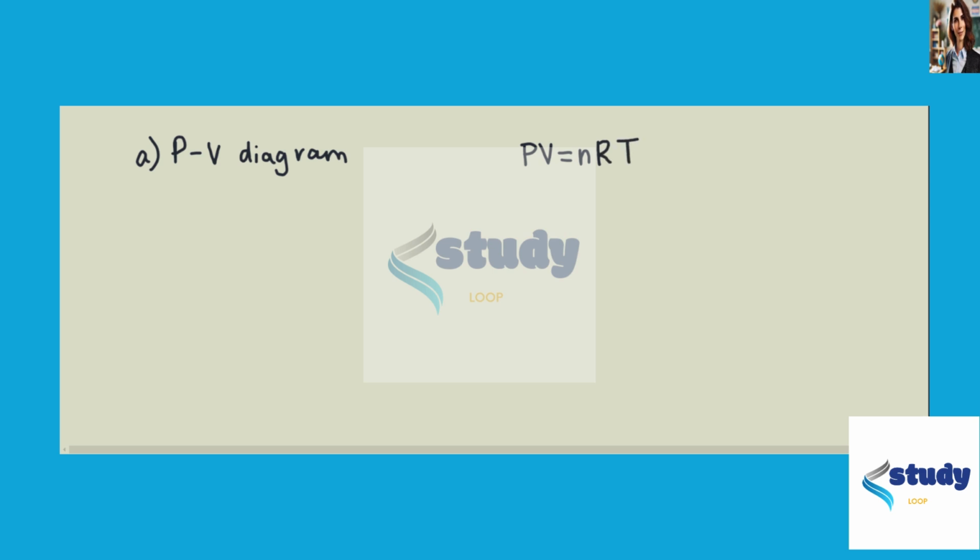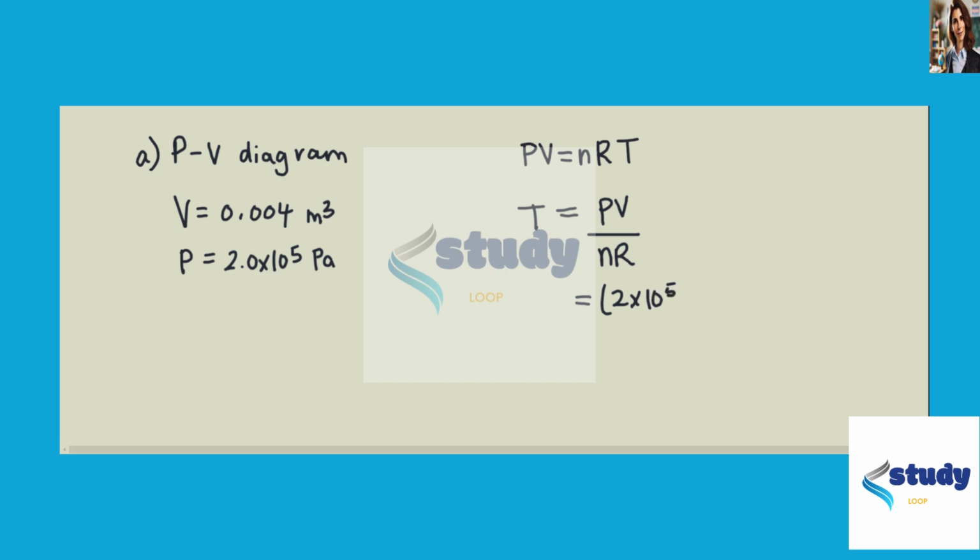In the final state, if we look at that figure, we see that V is equal to 0.004 and P is equal to 2 times 10 to the 5. This is in pascals and this is meters cubed. To calculate the temperature, we can rearrange the standard formula. That's going to be PV over nR.